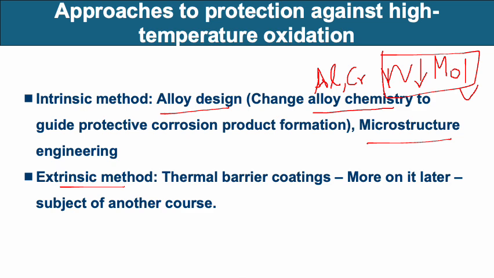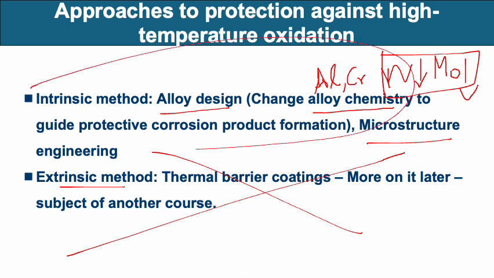Some of you might have already taken this course, and some of you will take it in the next summer semester. There we will talk in more detail about thermal barrier coatings. But at this point, we will leave this matter. In this lecture, we will not come back to this topic again. We will mainly focus on the intrinsic method in the rest of this lecture.